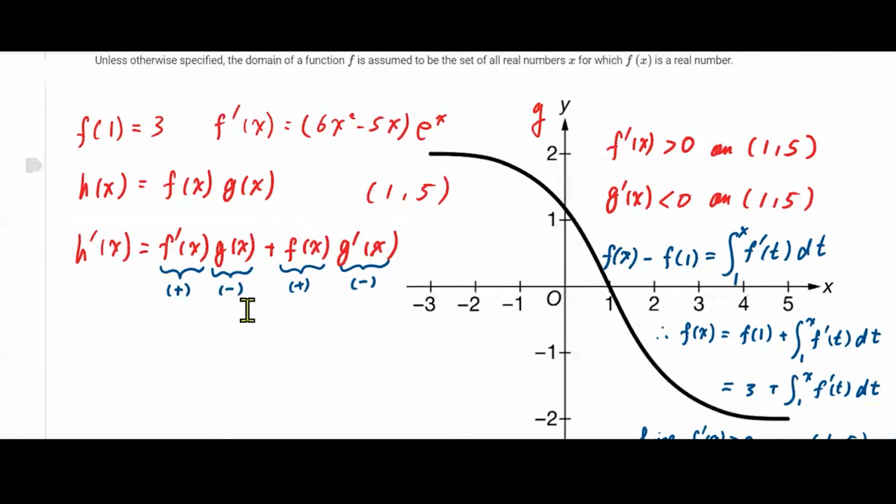This itself is not showing the work, but this is good enough with all of this other information. So now we can say h prime of x is negative on 1 through 5. Therefore, h is decreasing.